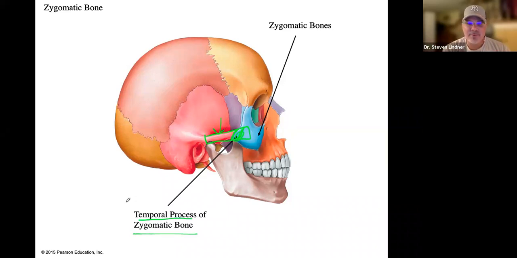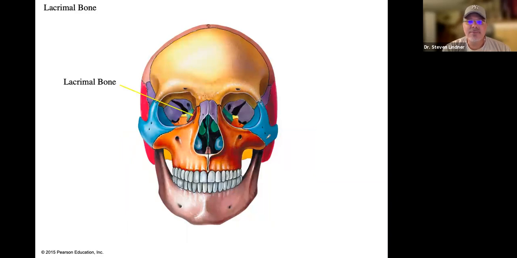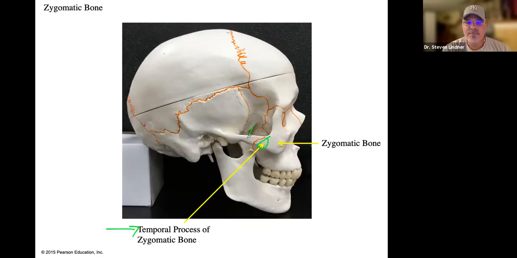There's a temporal process of the zygomatic bone, and then there's a zygomatic process of the temporal bone, which is here. Okay, so here's the temporal process right in the beginning, right there. Temporal process of the zygomatic bone. And if we were to go here, this is the zygomatic process of the temporal bone. Okay, don't confuse the two.